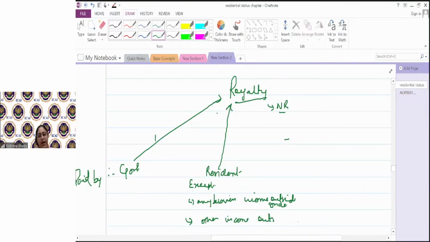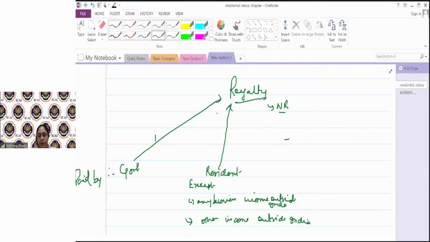Simple situation. I am a resident, I am paying you royalty and you are a non-resident. Will it be taxable? Yes, in all circumstances. But if I am paying you royalty for transferring some right, and that right I'm using for my business which is outside India, then in that case it would not be taxable. That royalty would not be taxable in your hand.